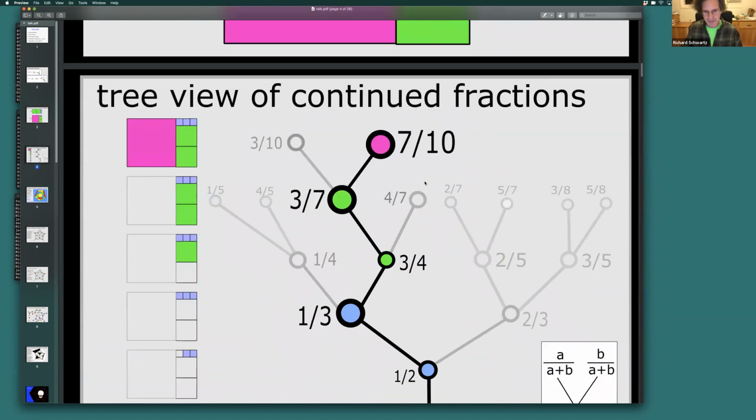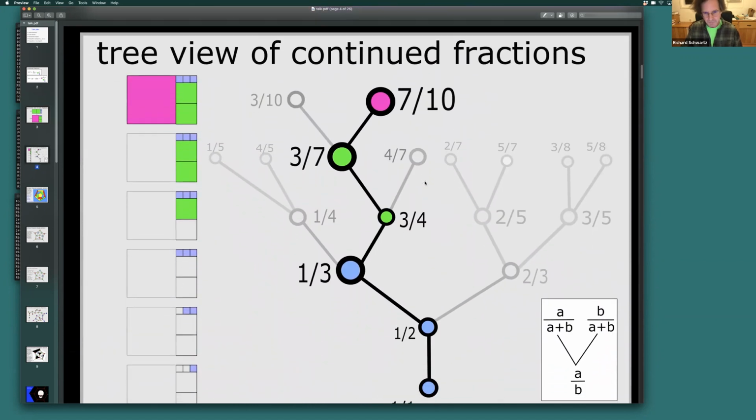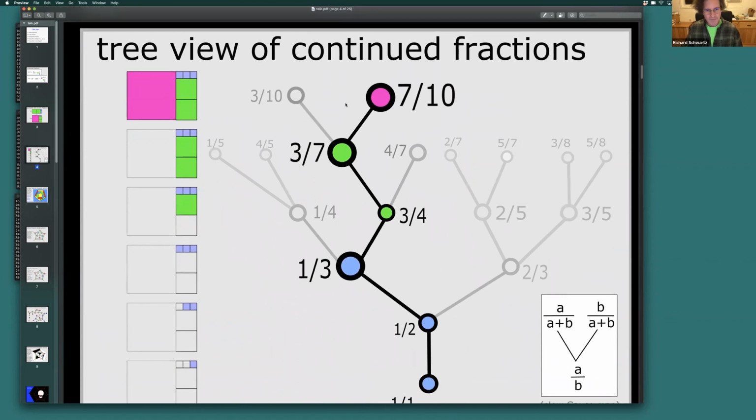Another way to think about it is you can think of these rectangles as being the vertices of a rooted binary tree, and the operation is you just remove one square at a time. So if you start at 7/10 and you remove the square, you get the picture for 3/7 and so on.